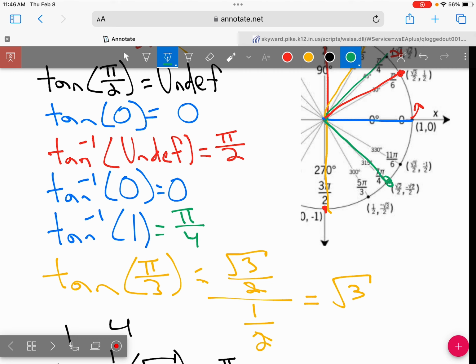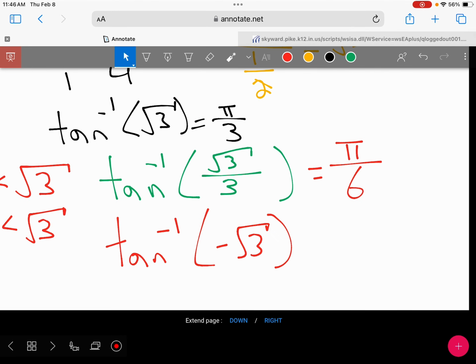First things first, what do we think the slope is of negative pi over 4? Negative 1, yes. The points are the same except there's just one negative. Is negative root 3 just by itself going to be large? Is that going to be between negative 1 and 0 or between negative 1 and infinity?